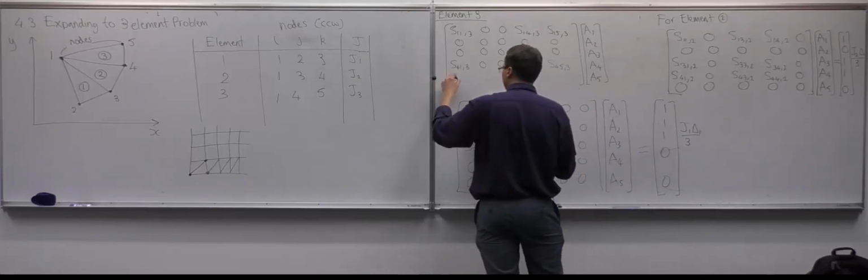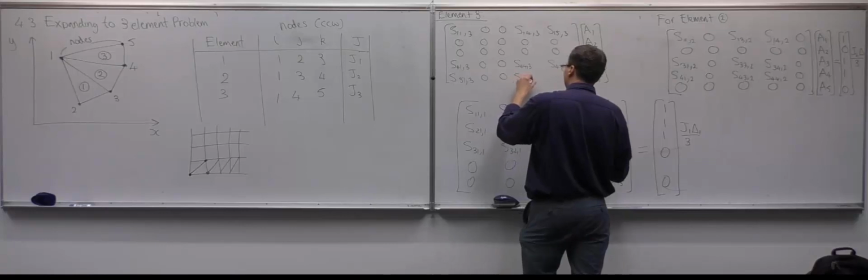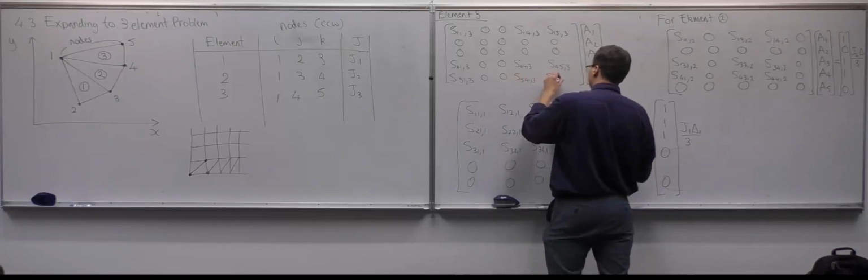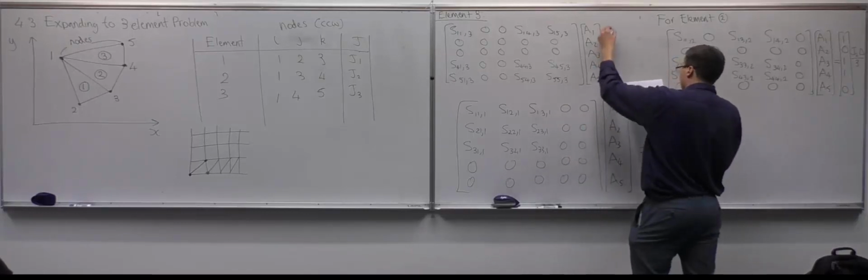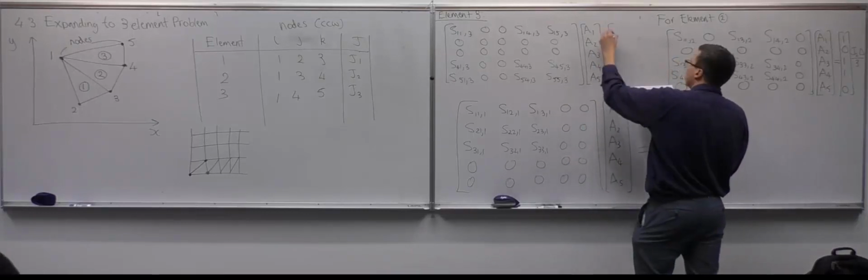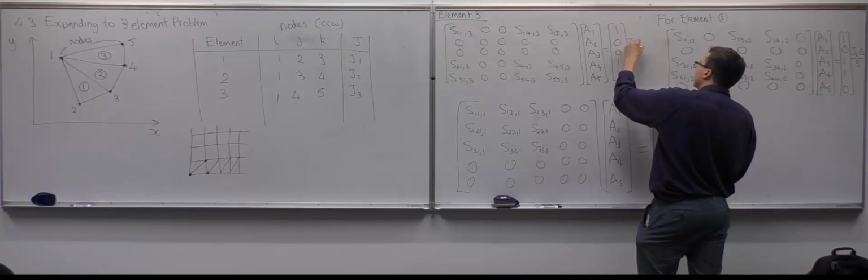And then last but not least, S513, 0, 0, S543, S553, like that. And so then this is equal to 1, 0, 0, 1, 1 for the current density.